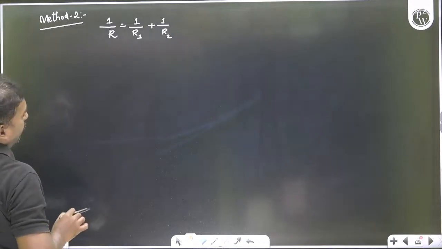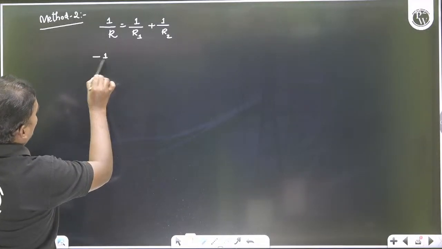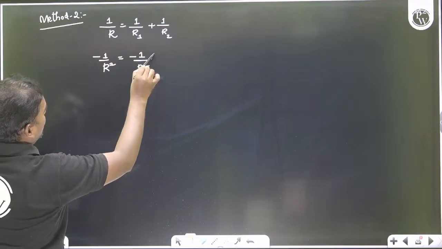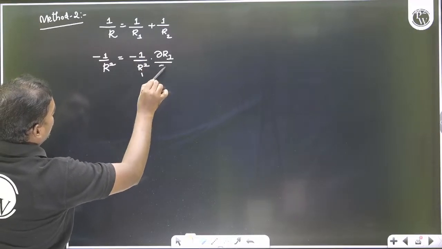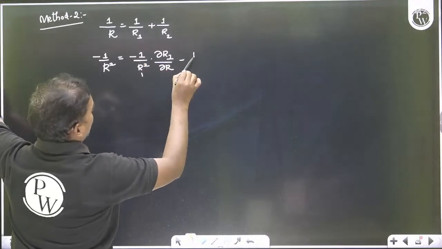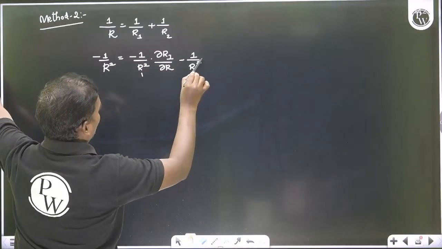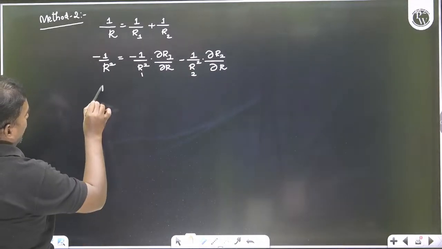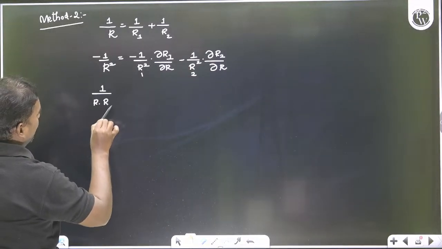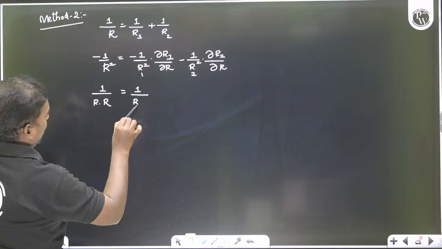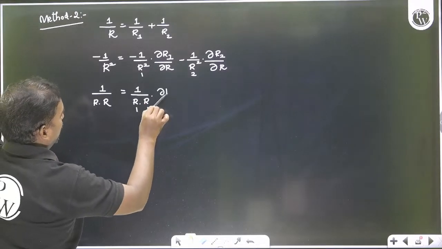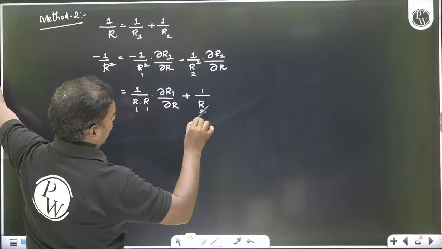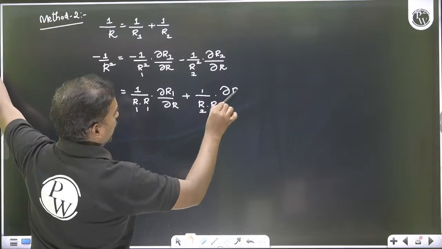Now if I do the partial differentiation, minus 1 by r square is minus 1 by r1 square, del r1 by del r, minus 1 by r2 square, del r2 by del r. The minus gets cancelled. So I can write 1 by r into r, 1 by r1 into r1, del r1 by del r, plus 1 by r2 into r2, del r2 by del r.